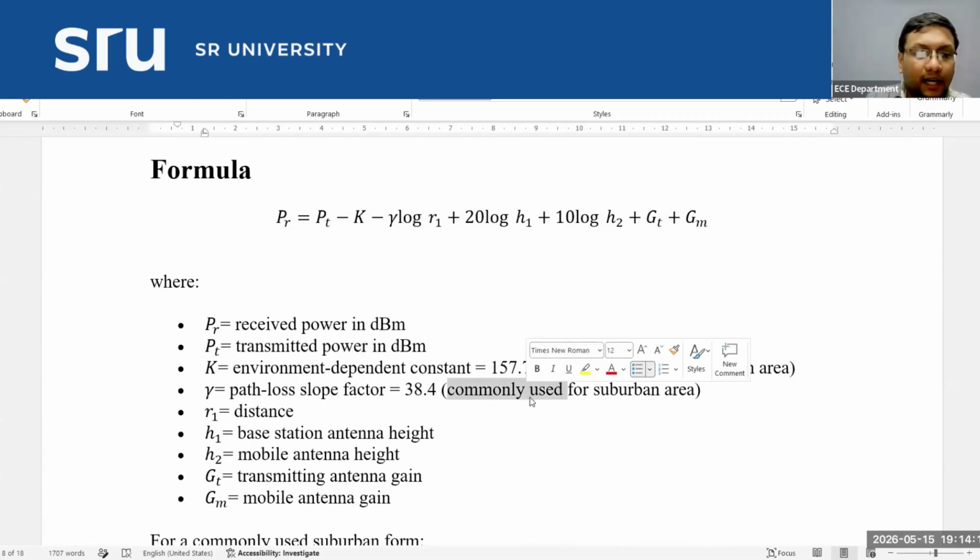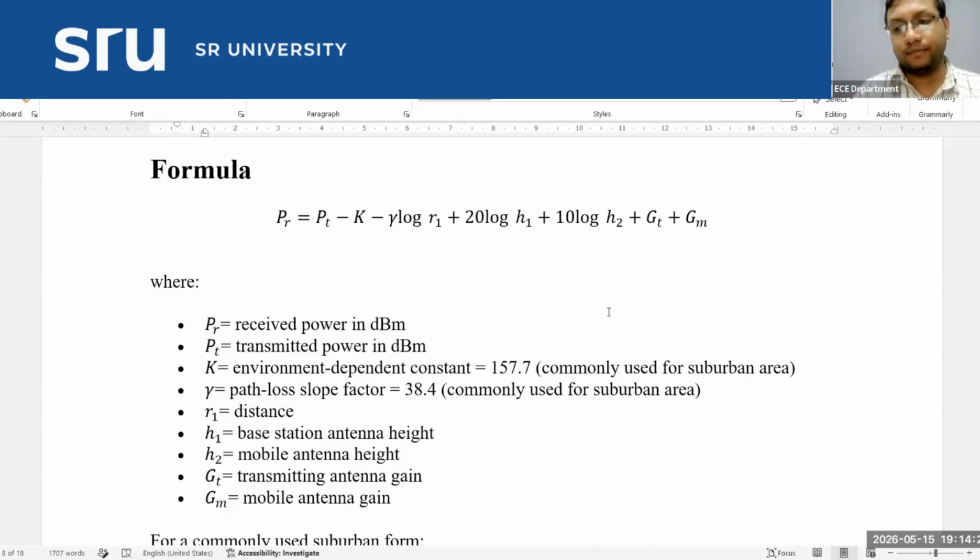R1 is the distance, H1 is the base station antenna height, H2 is the mobile antenna height, GT is the transmitting antenna gain, and GM is the mobile antenna gain. So these are the meanings of all the symbols that have been used here.